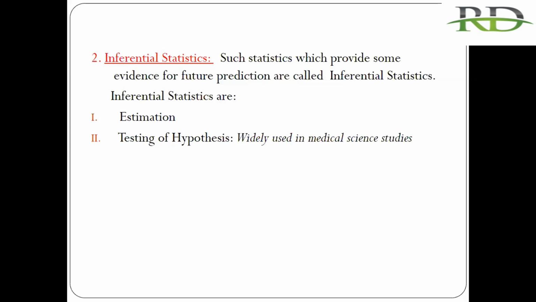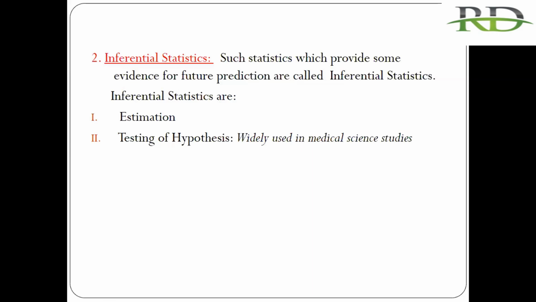For example, suppose you want to estimate, or you want to know, the average height of adolescent girls in Delhi, right? This is our research question. How will you collect the data? There are two methods. Either you can collect the data from every adolescent girl.